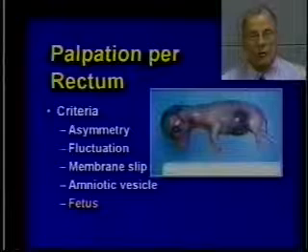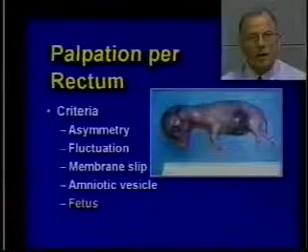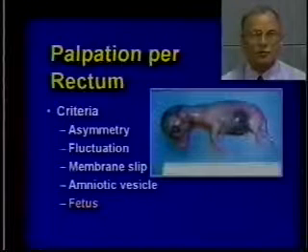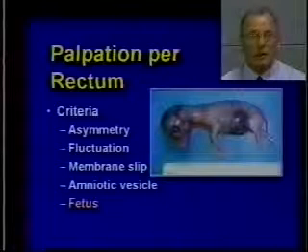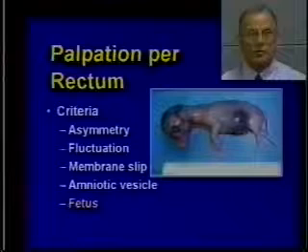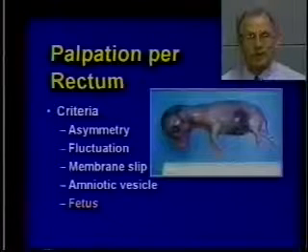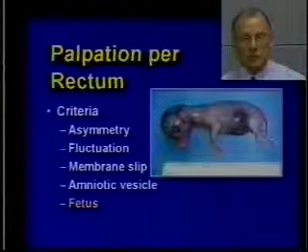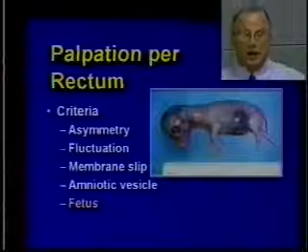After the vesicle has grown and becomes larger, it also becomes softer. We can no longer outline this with our fingers, but we can start feeling within the vesicle a small fetus. And this first is possible at 60 days, at 2 months.